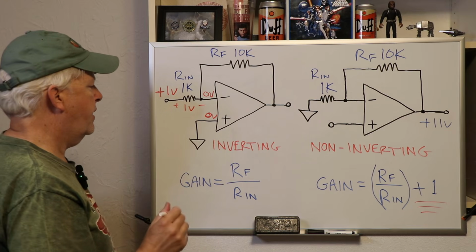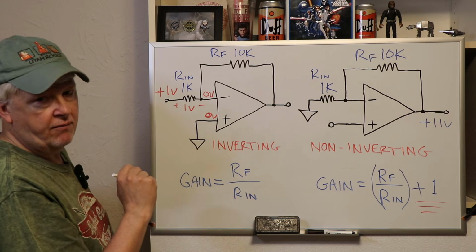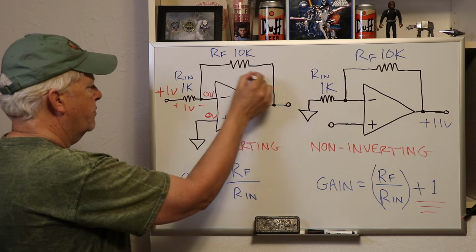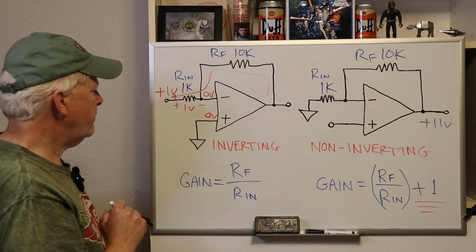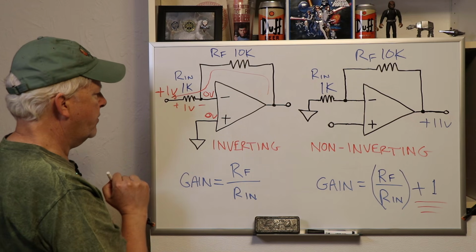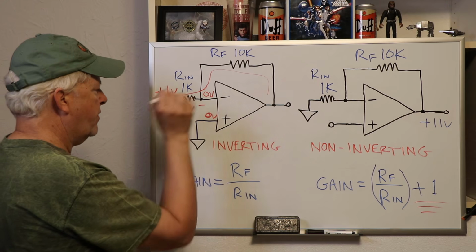Well, then that means if we've got 1 volt across 1K, we've got 1 milliamp of current flow through this circuit, and we don't have any current flow into the negative terminal, or the inverting input.